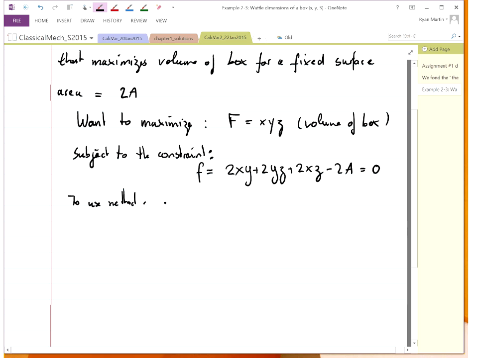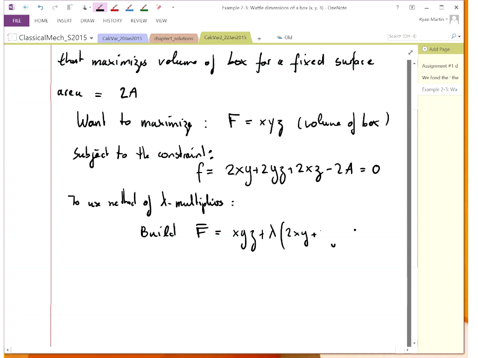So to use the method of Lagrange multipliers, we build a new function f bar that's given by f of x, y, z, plus lambda times little f, as we've been using.